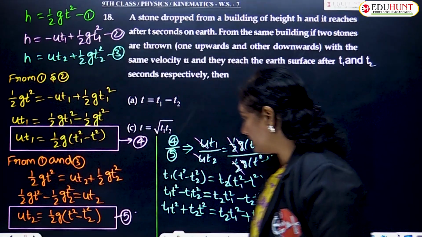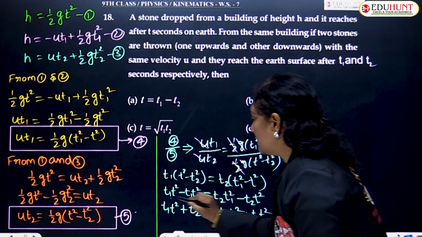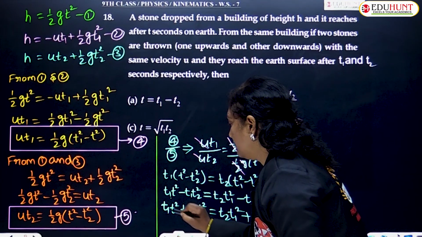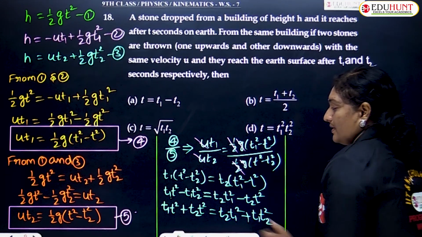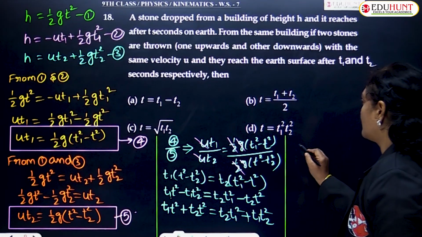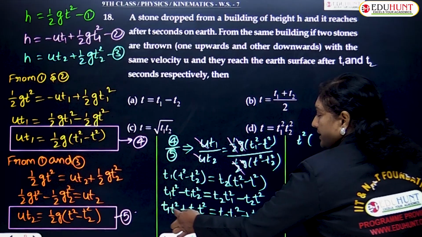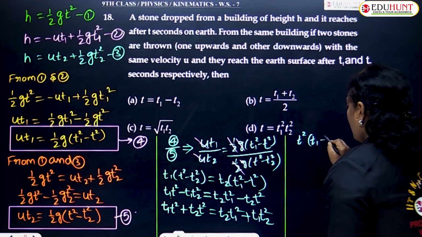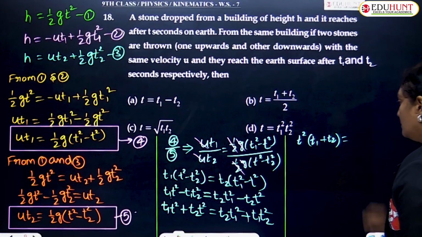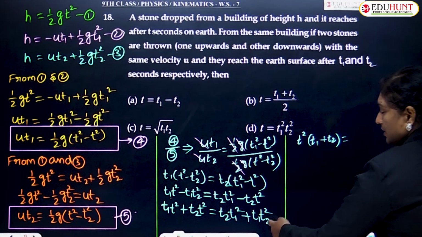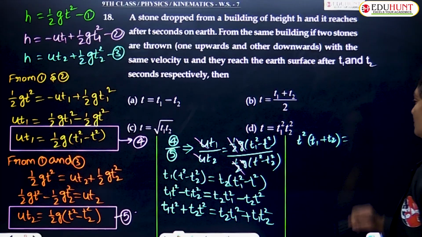Almost done, children. Don't panic. What is common on the left side? Taking t square as common, we are left with t1 plus t2. On the right side, t1 and t2 are both common.